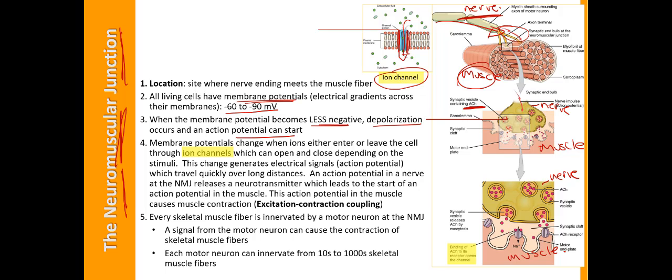And if you look in the diagram down below, the acetylcholine binds to its receptor on the sodium ion channel. When acetylcholine binds, the sodium ion channel opens, allowing sodium to go in. When sodium goes in, it changes the membrane potential in the muscle. So we're going to look at the sequence in the next slide.